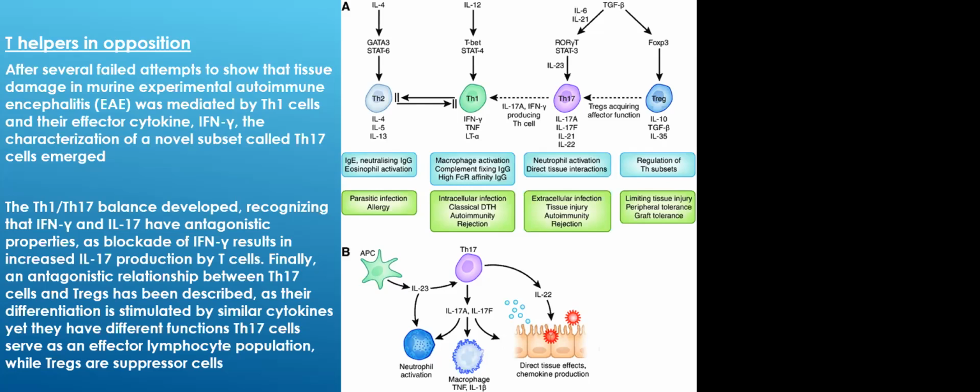So finally, we know that there is an antagonistic relationship between Th17 and Th1, and also between Th17 and Treg as well. What does that mean? The cytokine released from the Treg, interleukin 10, inhibits the Th17, and that's very important to calm the immune system, preventing autoimmunity. And the Th17 does inhibit the Treg.